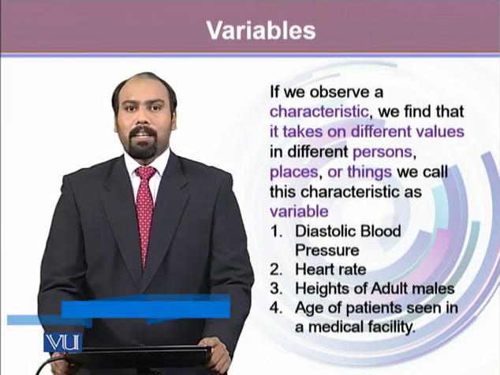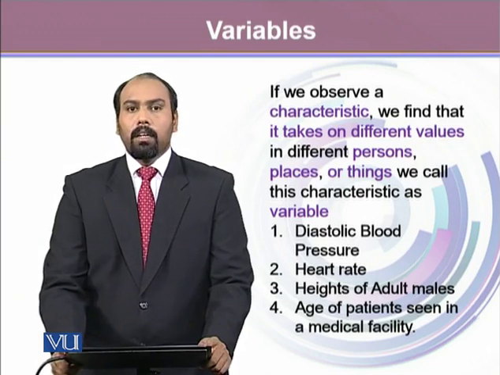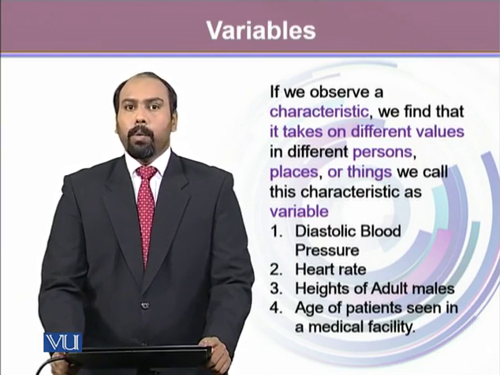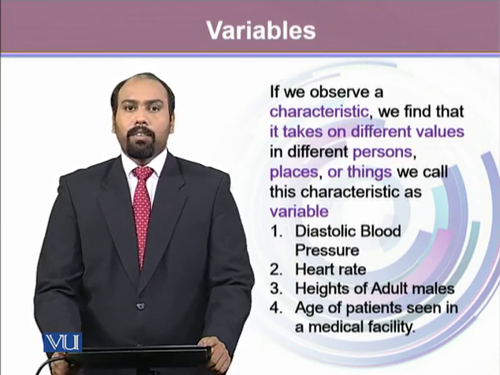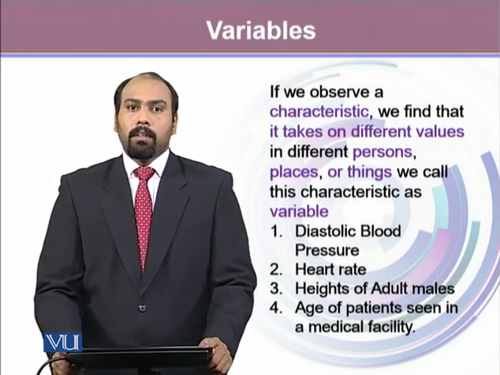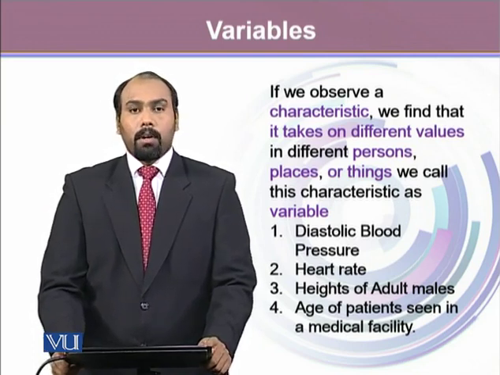Not all the patients have the same diastolic or systolic blood pressures. Heart rate: every individual has a different heart rate. Heights of adult males: some are shorter, some are taller, some are of medium height.